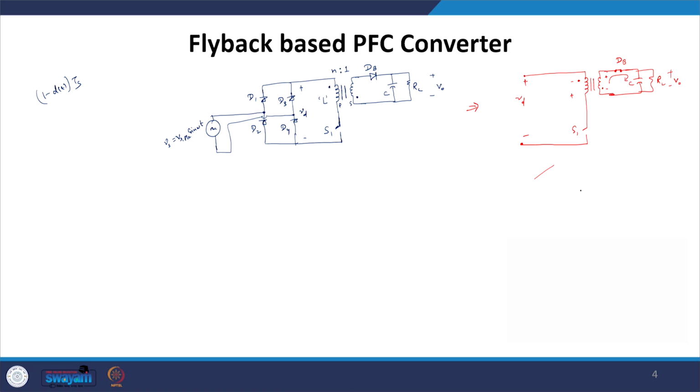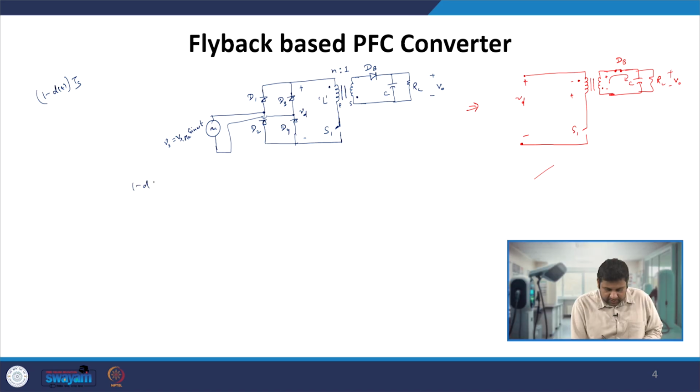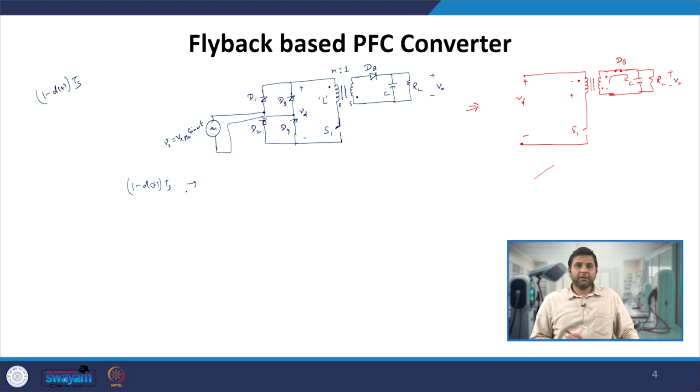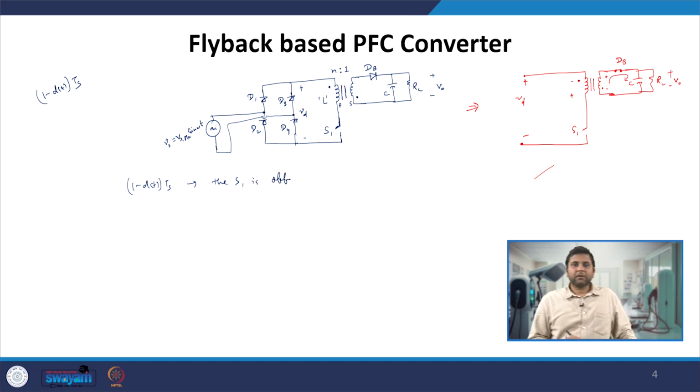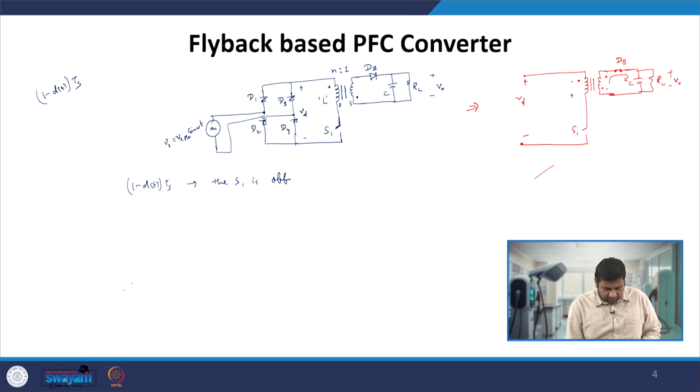So in this case, in 1 minus d of Ts period, the S1 is off, and dB is forward biased.